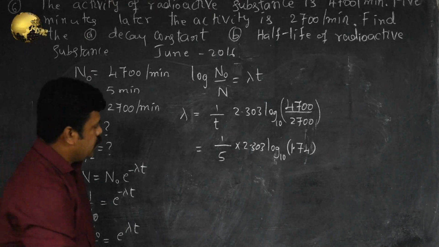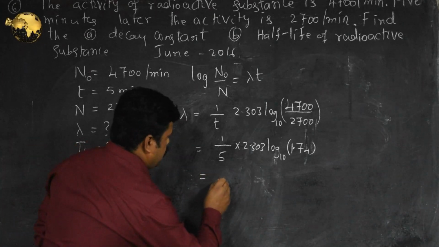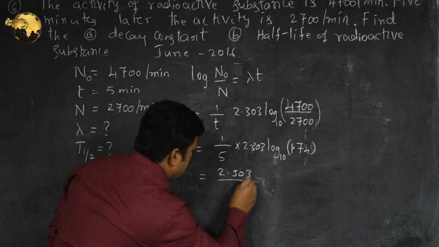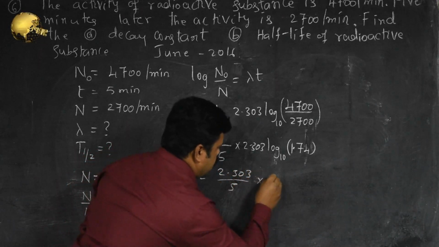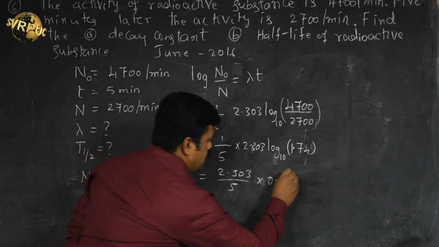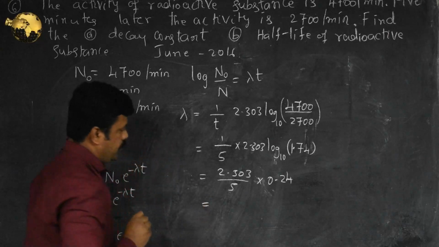it's coming out to be 0.24. So we have 2.303 by 5 into 0.24. Let's solve this.